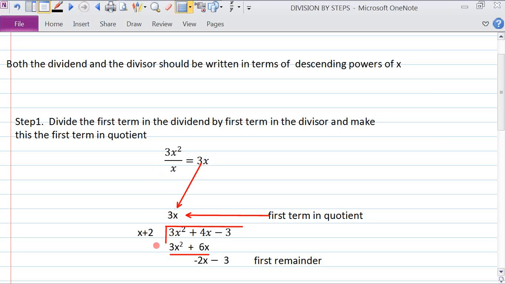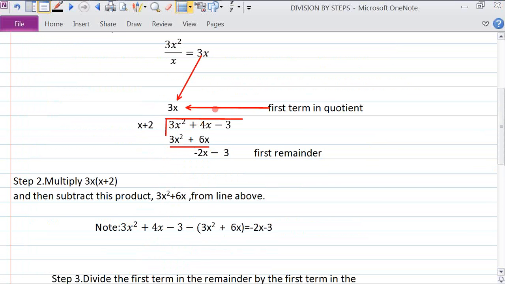Now we multiply 3x by x plus 2, and this gives us 3x squared plus 6x, which we put right here.